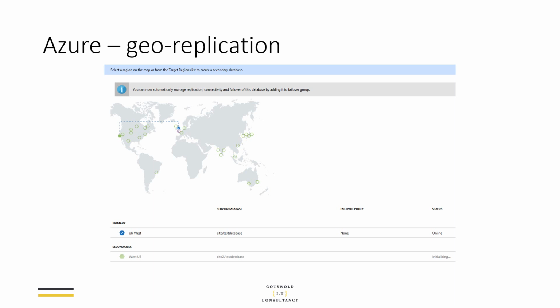It will ask you for a database server to create it on, and you'll have to create a server if one doesn't exist. Then it initializes. Once it's initialized the setup of the database, it will say seeding, while it's copying the initial data across. And then once that's happened, status goes to readable, because these are read-only replicas. It's easy to do, quite nice, but again, fairly limited.